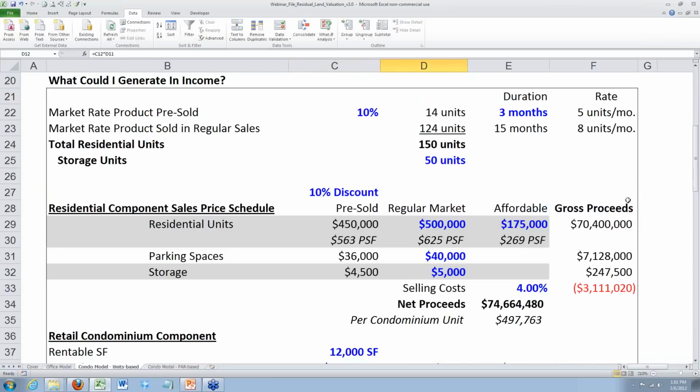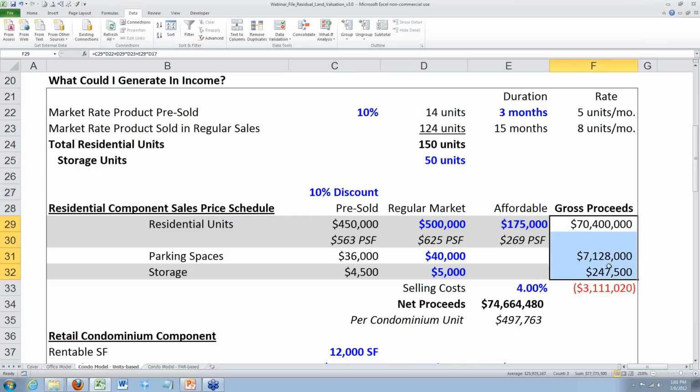And so now what we can do is the same exact analysis with respect to, well, what could I generate in income with respect to the assets that I have available for sale: regular market units that are pre-sold, affordable units, storage, parking, and so on.